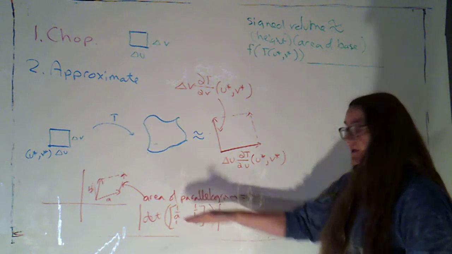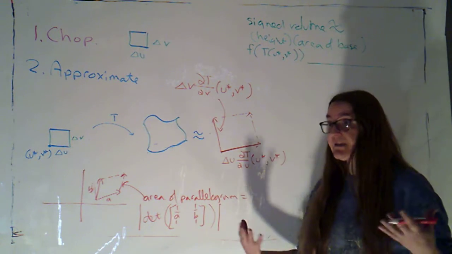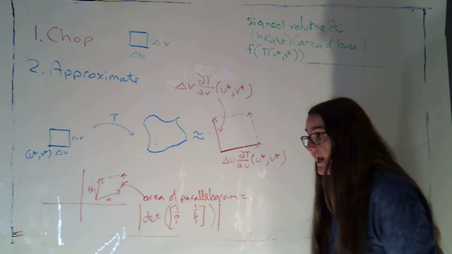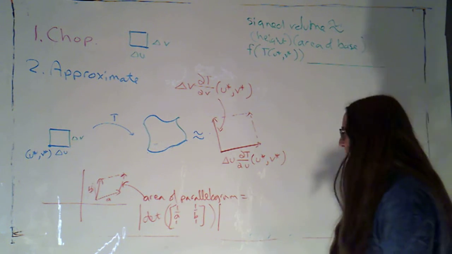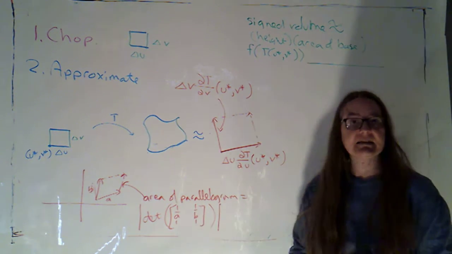Turns out I can actually put them in as either the rows or the columns. I get the same determinant either way. For a reason I'll explain in a bit, I actually want to put them in as the columns.